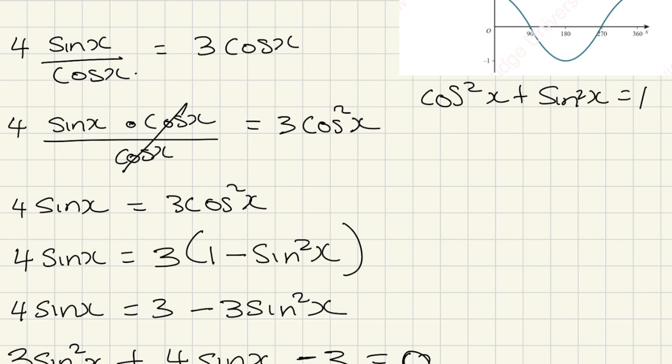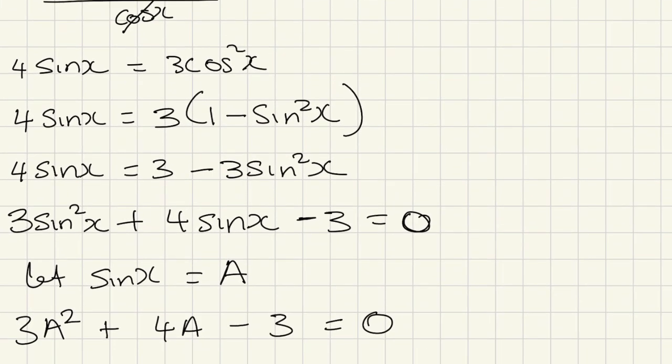Now we can let sine x be equal to a. I like a. So then this becomes 3a squared plus 4a minus 3 is equal to 0. And then we can solve this quadratically, with the quadratic formula.